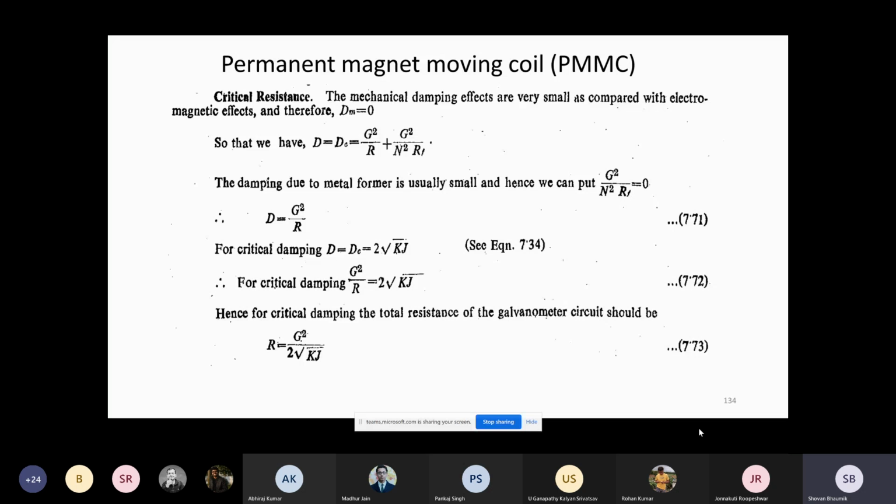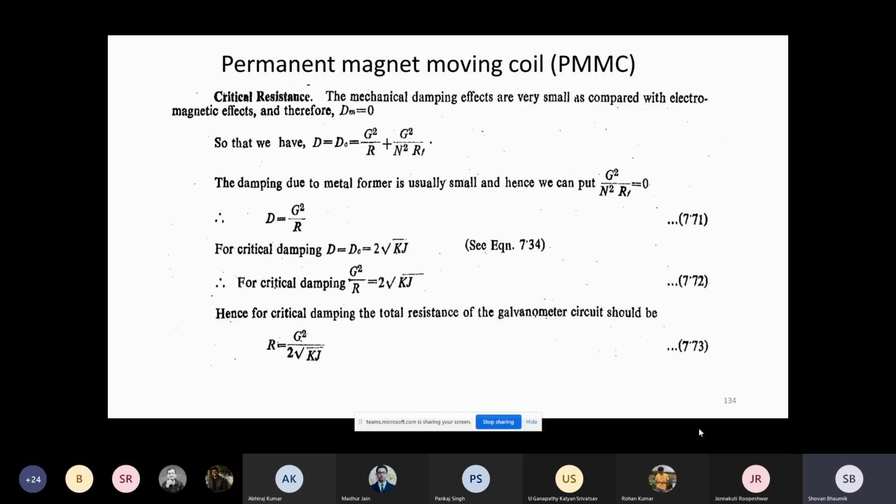Damping due to the metal former is usually small, and we can put G square by N square RF equals to 0. So the main damping will be equals to G square by R. So the damping coefficient will be mainly G square by R.